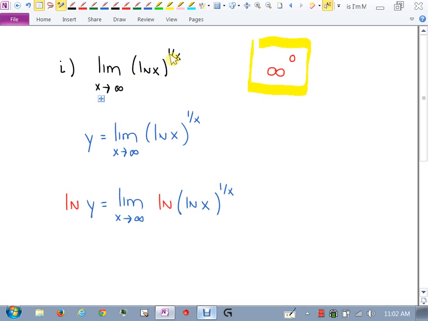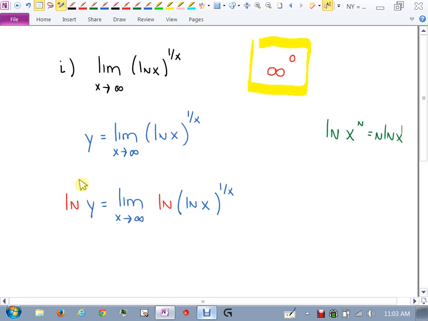This 1 over x is acting on the entire natural log, isn't it? As opposed to what the formula says. The formula says if you have natural log of x to the n, then you can pull the power out. But what's that n acting on? Just the x, not the whole natural log. So I can't pull this 1 over x out because it is not acting just on the x. Do y'all see the difference?